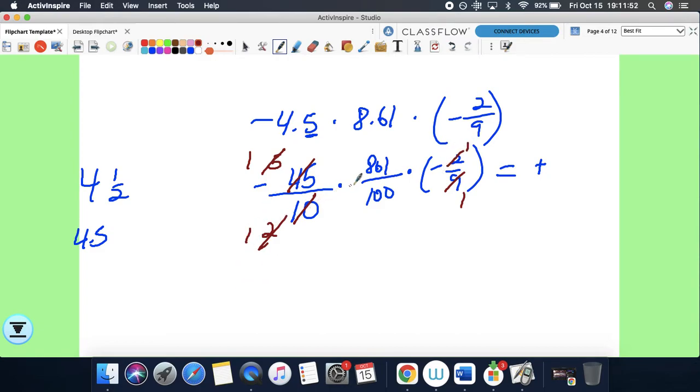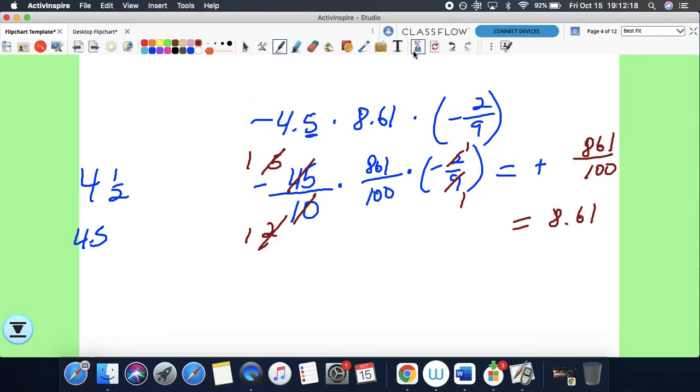So if you look at all this that I have left over, I have nothing except 861 over 100, which if we write that back as a decimal, it's just 8.61. Okay, it's a neat question. I like it.